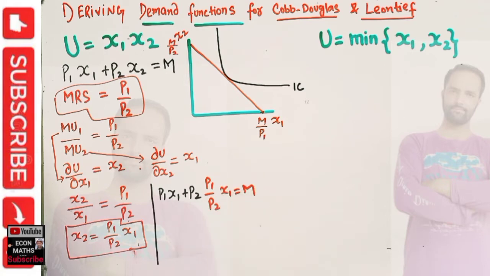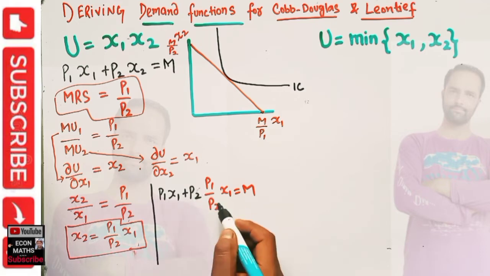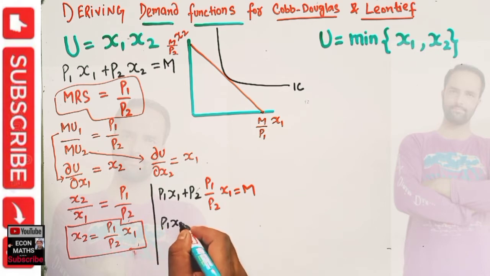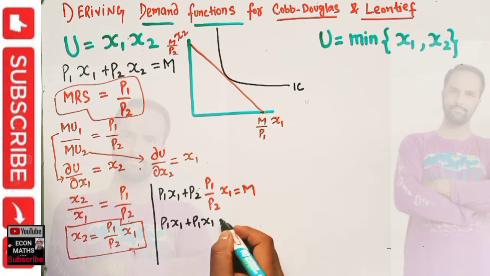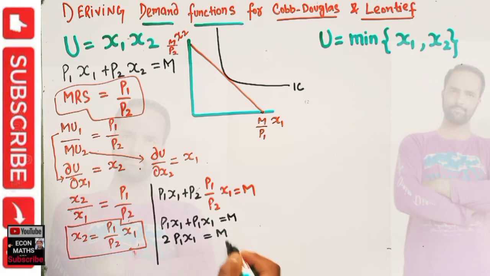Here p2 and p2 will get cancelled. We are left with p1 x1 plus p1 x1 is equal to m. That means twice p1 x1 is equal to m, which gives us x1 equal to m upon 2p1. So this is the demand for good x1.